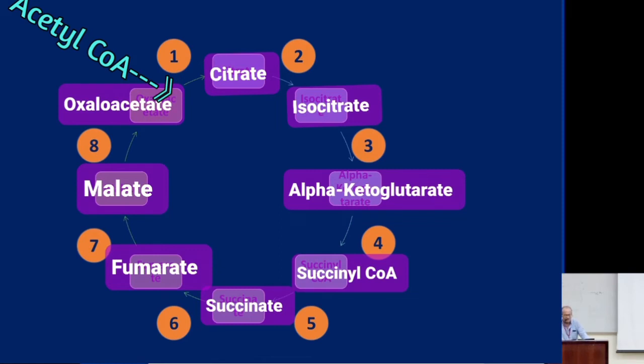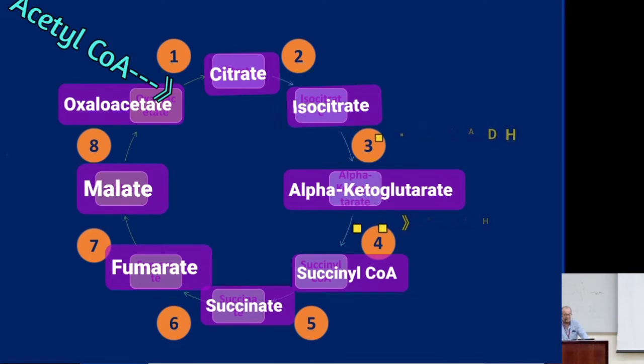Okay. So first of all, you want to pay attention to where energy is produced, where CO2 is produced, where NADH is produced, which enzymes produce those molecules, where GTP is produced. That's another energy producing step, and where FADH2 is produced.